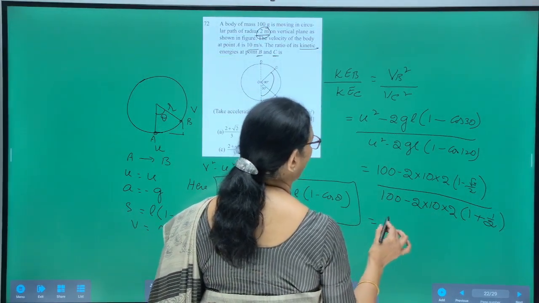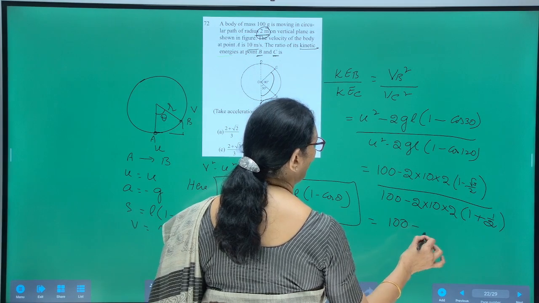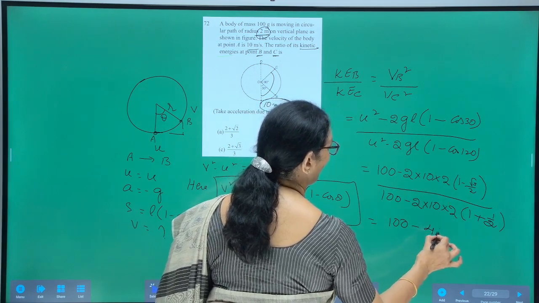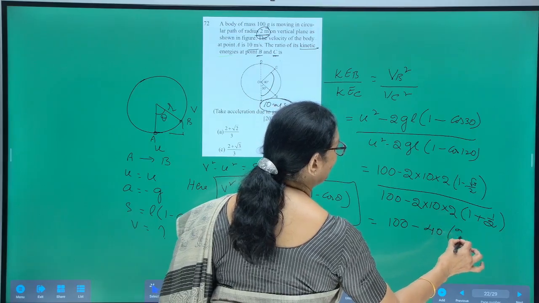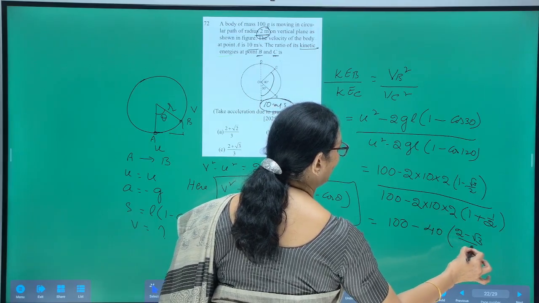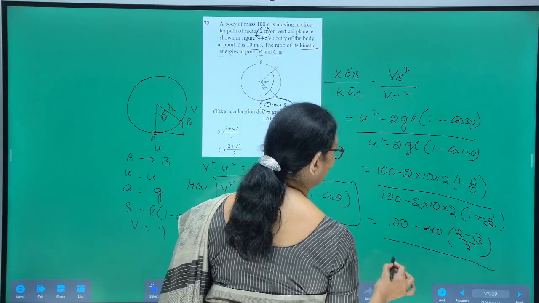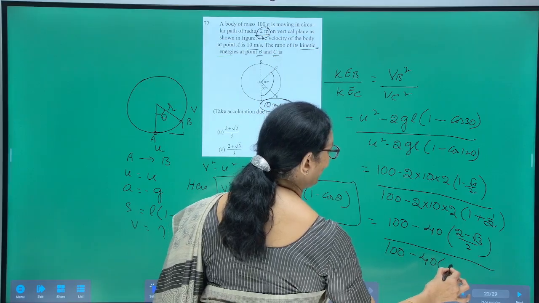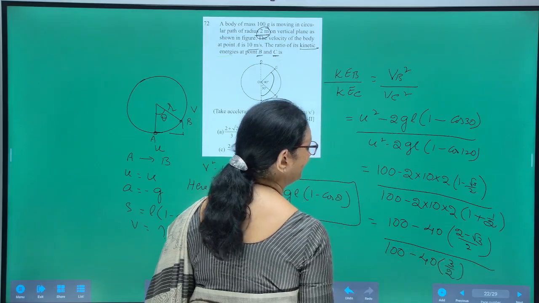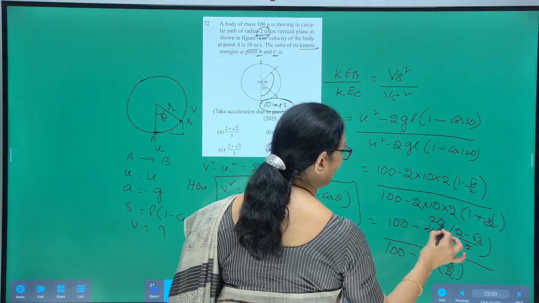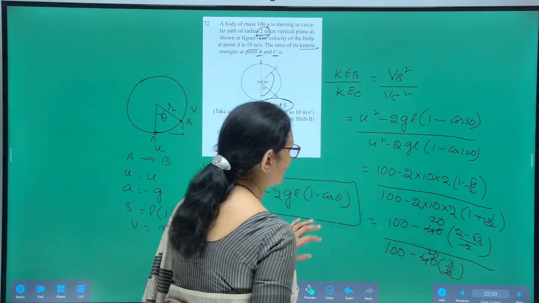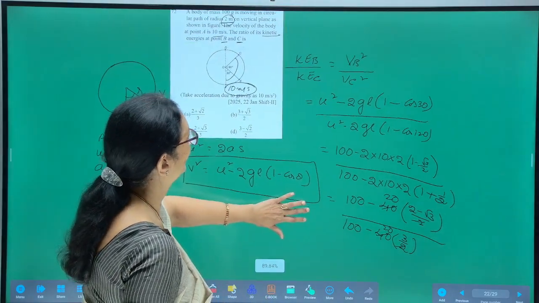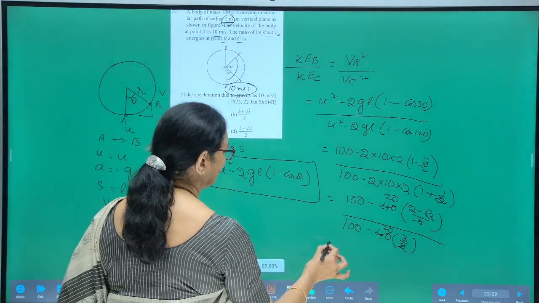So, let us simplify this, 100 minus 2 2s are 40, 1 minus root 3 by 2 is 2 minus root 3 by 2, divided by 100 minus 40, 1 plus half is 3 by 2. So, this gets cancelled 20 times, this gets cancelled 20 times.